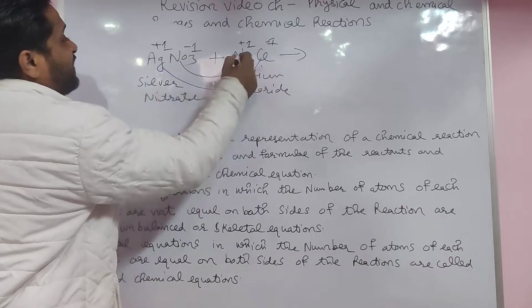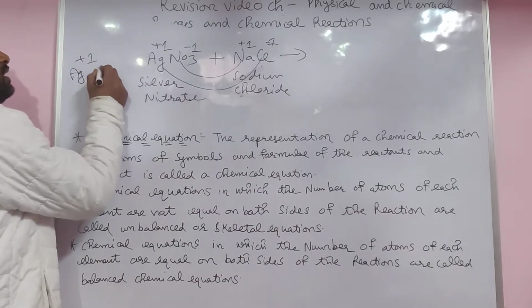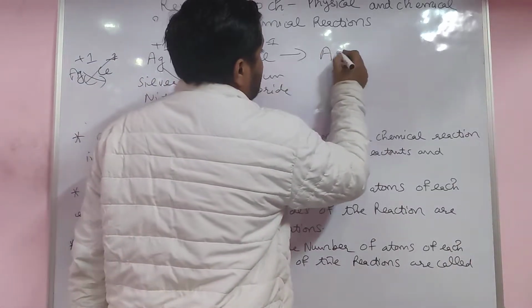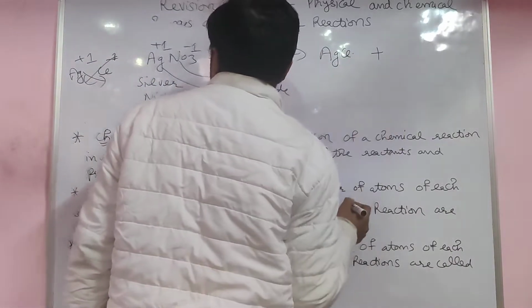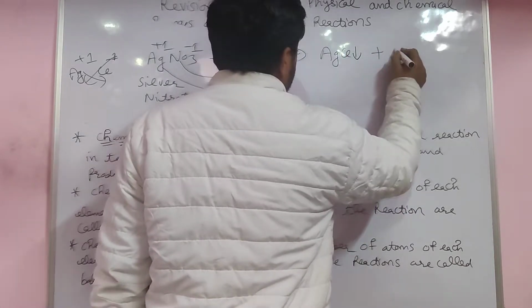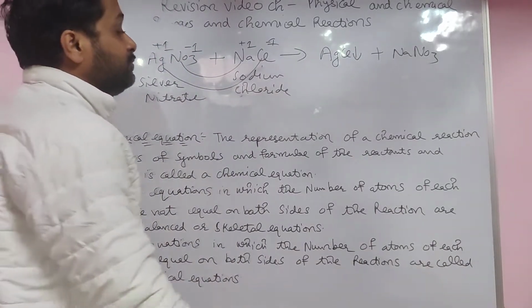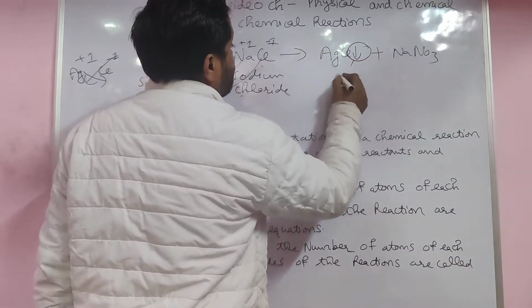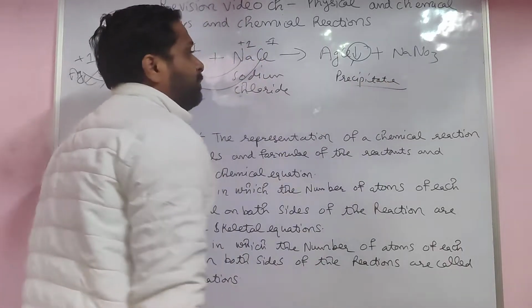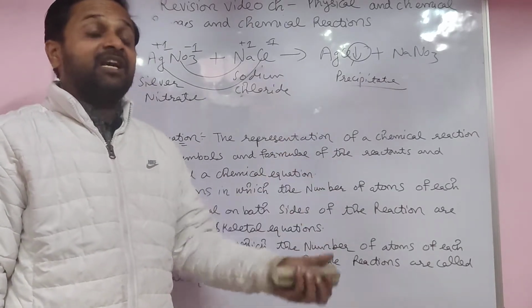The positive of this goes with the negative of that. Then Ag plus 1, Cl minus 1 cross, that is AgCl, plus NaNO3. Always put the down arrow at AgCl. The down arrow always shows that a precipitate forms, always down, because it is heavier and settles down.